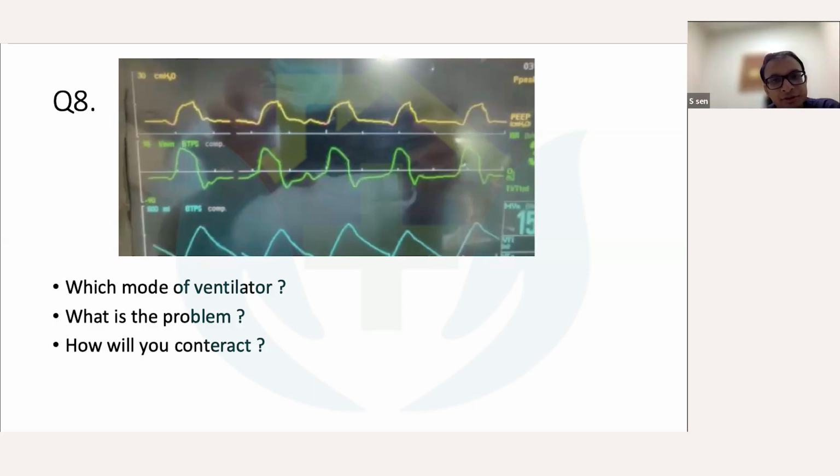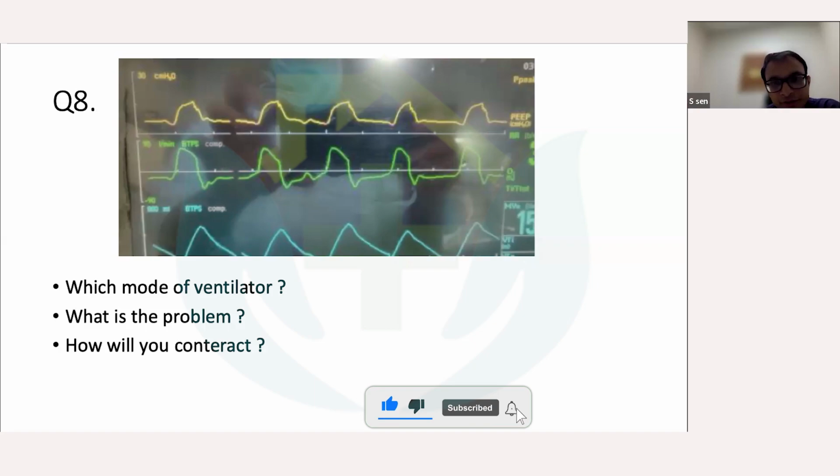So pressure control, or what did you say regarding the mode of ventilation? I can say control. No, it's not control. The patient can trigger the ventilation still, as the tidal volume is not equal. Which mode of ventilation is this?